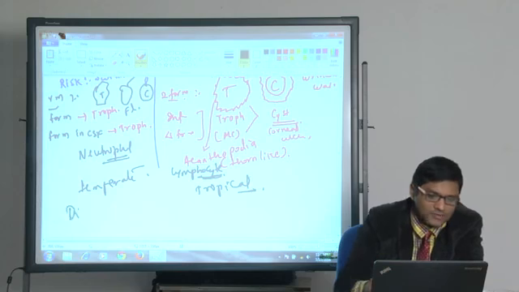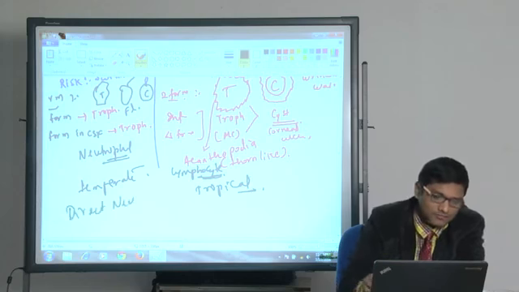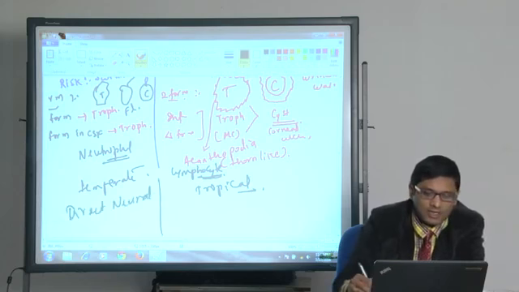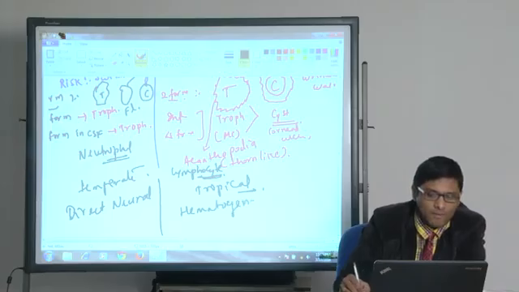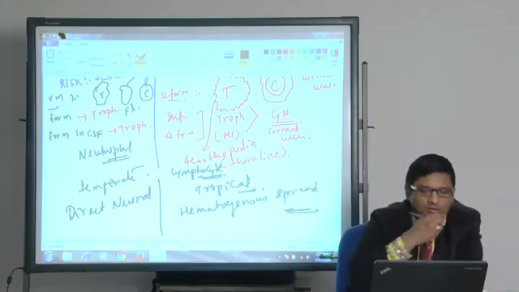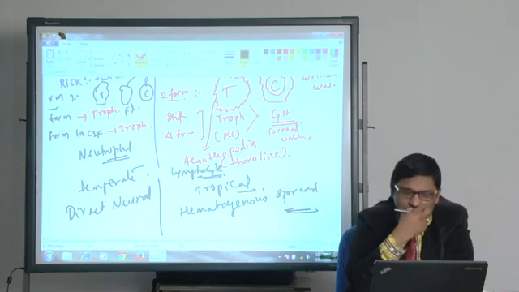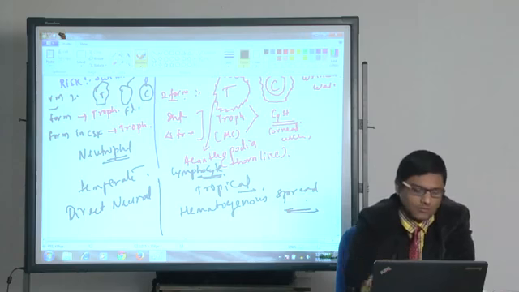In Naegleria direct neural spread is seen, whereas in Acanthamoeba hematogenous spread is more common. So, these are the various differences between Naegleria and Acanthamoeba.